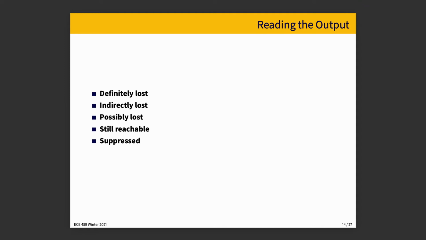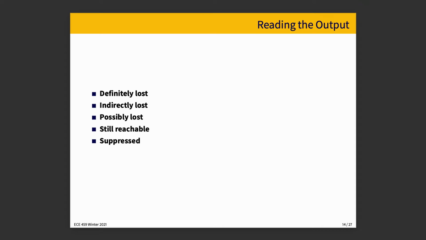This is memory that was allocated and might otherwise have been freed, and it got to the end of the program and it hasn't been deallocated. So it's not lost, so it's not obviously an error, but still reachable usually means that you're missing a deallocation of some sort that should be there, just for the sake of always following the rule that says if you allocate memory, you should deallocate it.